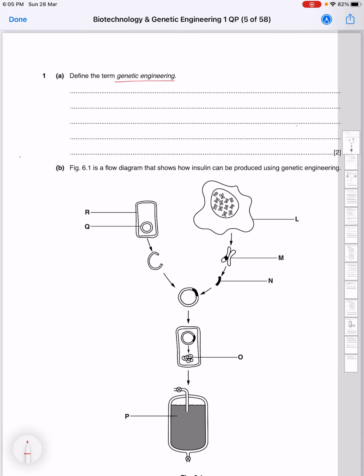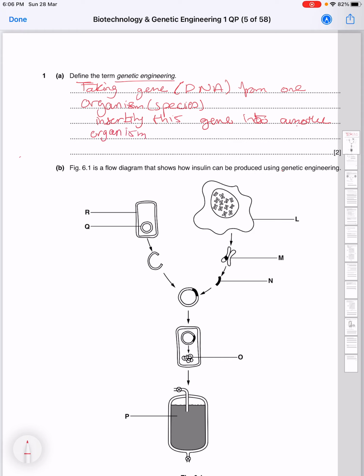How can I do that? Basically, I am taking or removing part of the gene. So I'm taking a gene, or part of the DNA, because basically the gene is part of the DNA, from one organism, or from one species, and then inserting this gene into another organism.